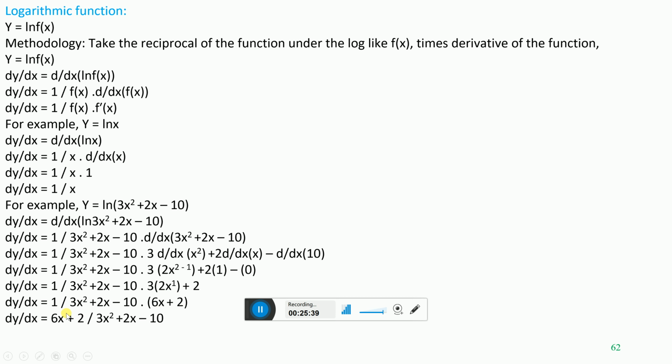So 6x plus 2, and now dy over dx we can write as 6x plus 2 whole divided by 3x squared plus 2x minus 10, because these three terms are in the denominator. So 6x plus 2 divided by 3x squared plus 2x minus 10.